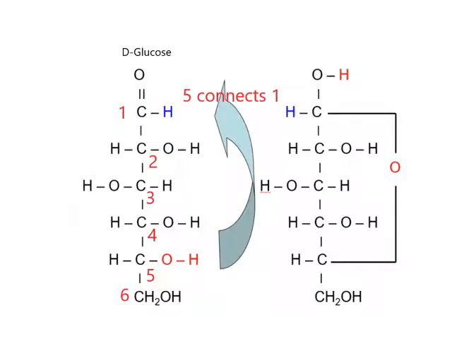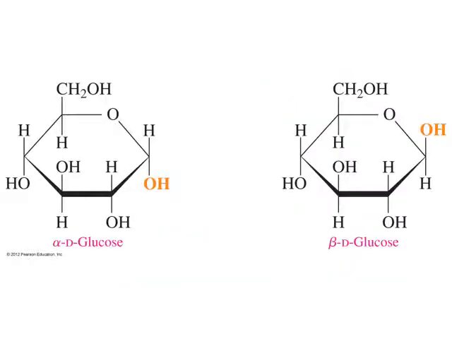Okay, just like the pentoses, these structures can have ring structures as well. And we'll just look at glucose. What happens is the number 5 carbon will connect with the number 1 carbon, like here, and then we could have these two drawings here, ring structures, okay, and you'll have alpha and beta versions as well.